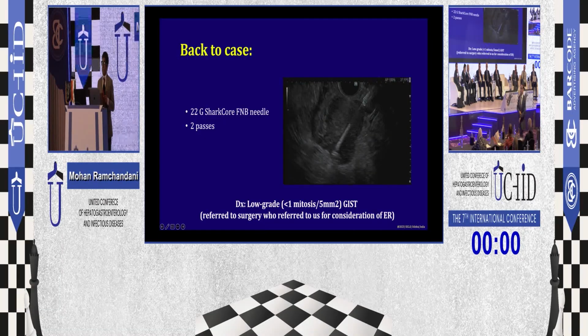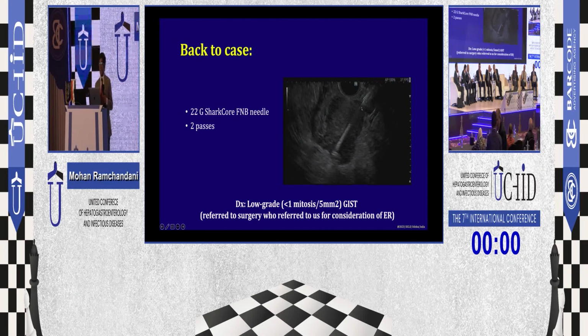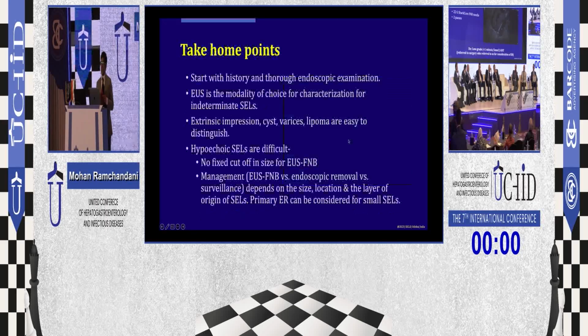So in our case, you saw this patient had a hypoechoic tumor arising from the MP layer, gastric antrum. It was a gastric GIST, and the patient was referred, wanted a surgery, but the surgeon sent back to us that you remove it, and then we removed this tumor, which was a gastric GIST.